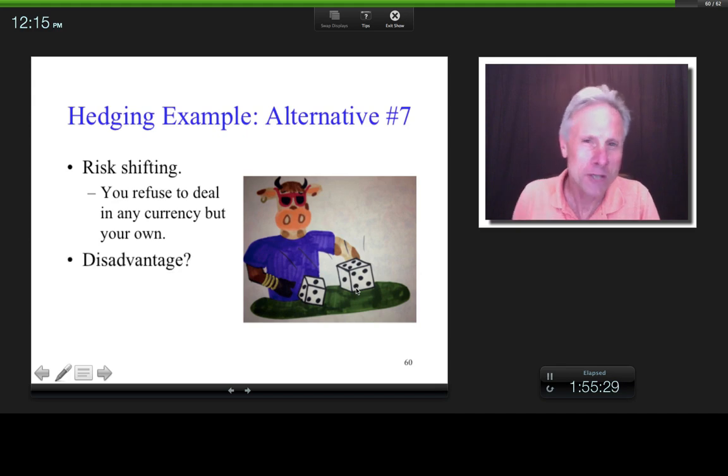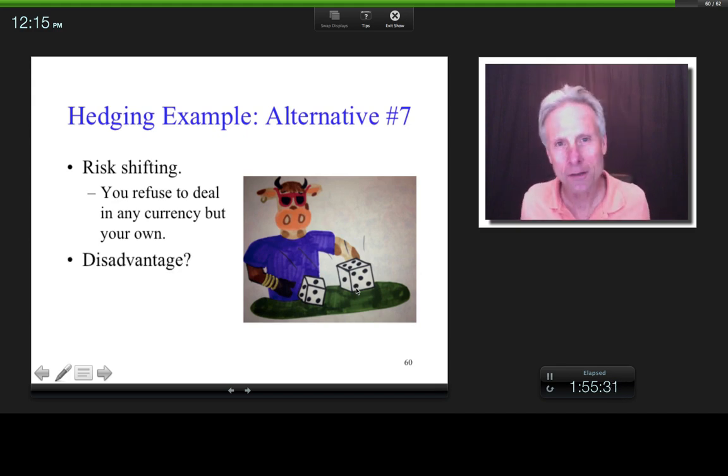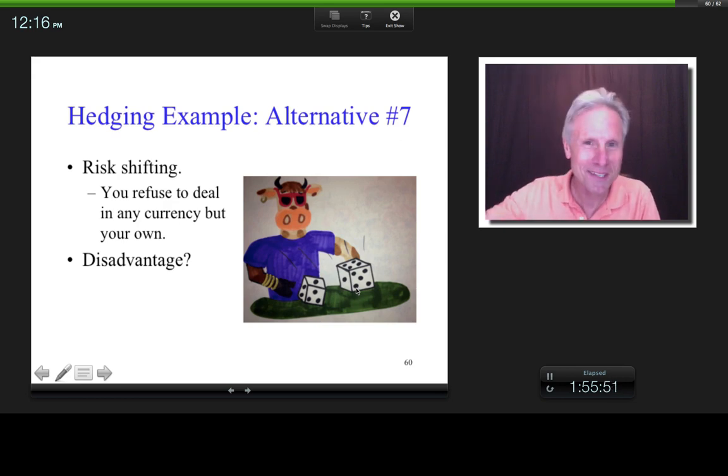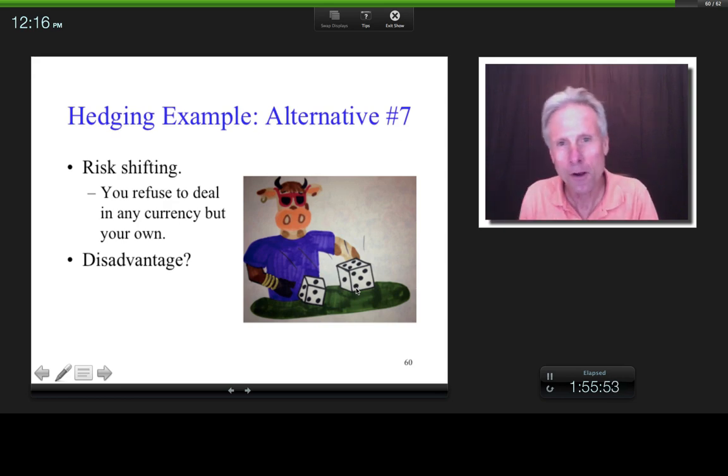Now, if the Japanese supplier cannot hedge that risk for whatever reason, if they're taking on risk that they cannot get rid of, then ceteris paribus, all else being equal, what might they do to their prices? They might raise them, right? And so essentially, you can refuse to deal in any currency other than your own, but you might pay for that privilege.